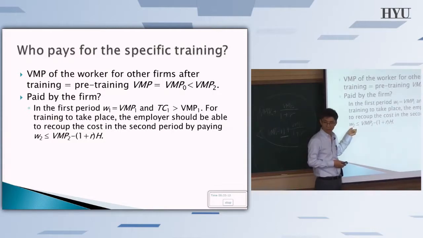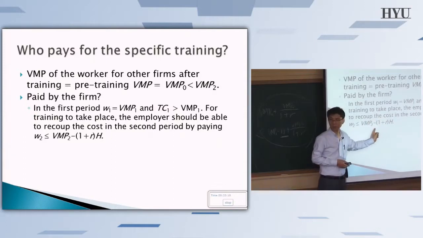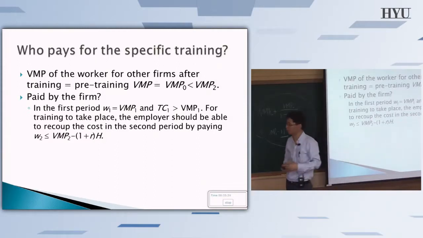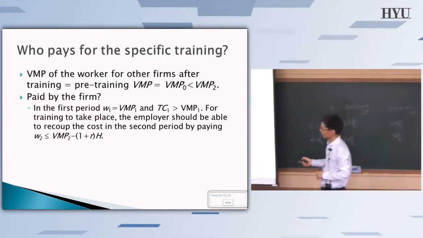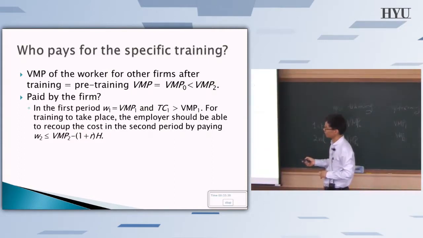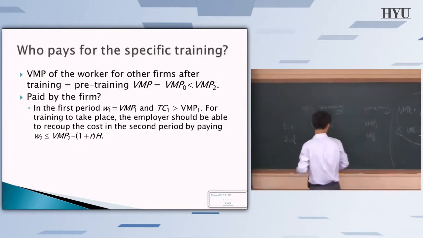So the worker will stay if this number is greater than BMP what? BMP1 or BMP2 or BMP0? Right. So let's assume that the firm pays less than or equal to BMP2 minus (1 plus R)H.